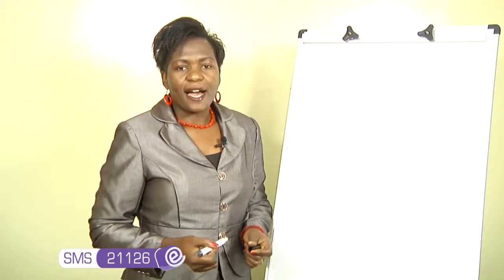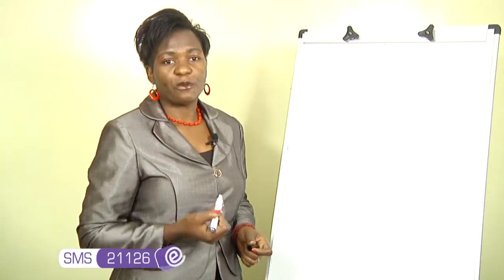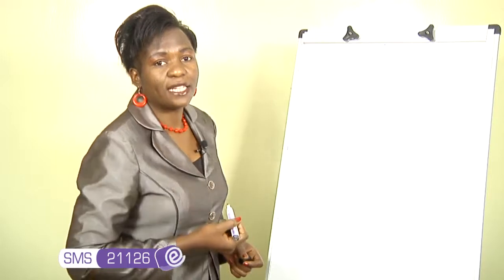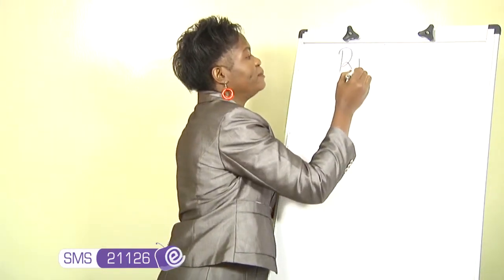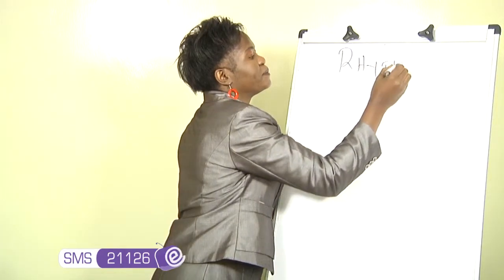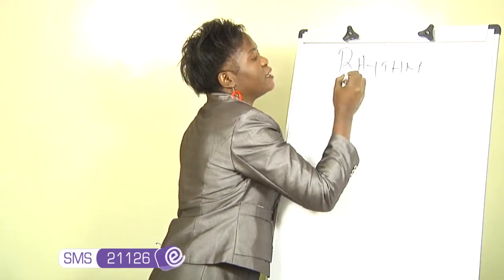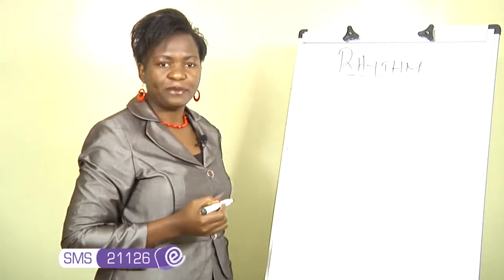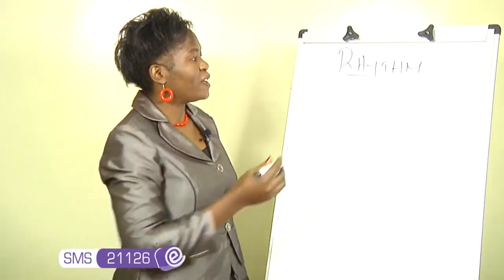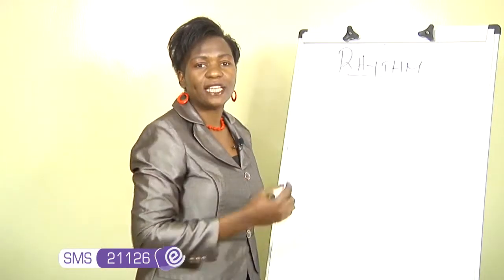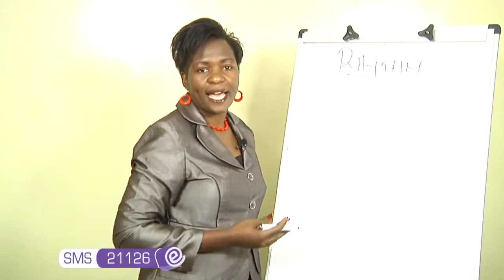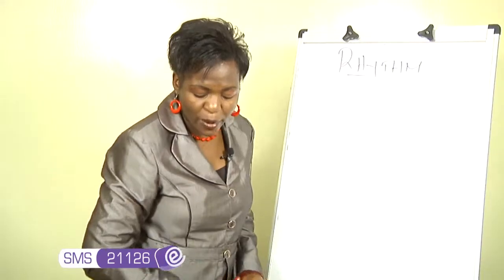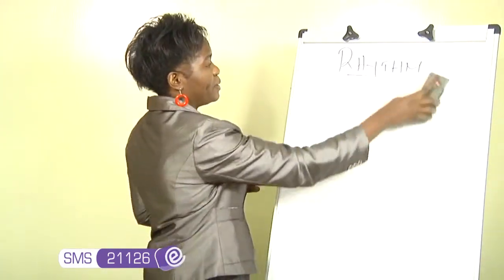Now, welcome to Music Form 2. In Form 1, we learned the topic rhythm. We learned rhythm, and now we are still going to go ahead with rhythm. At this level, we are going to get deeper and get to know more about this subject, rhythm.